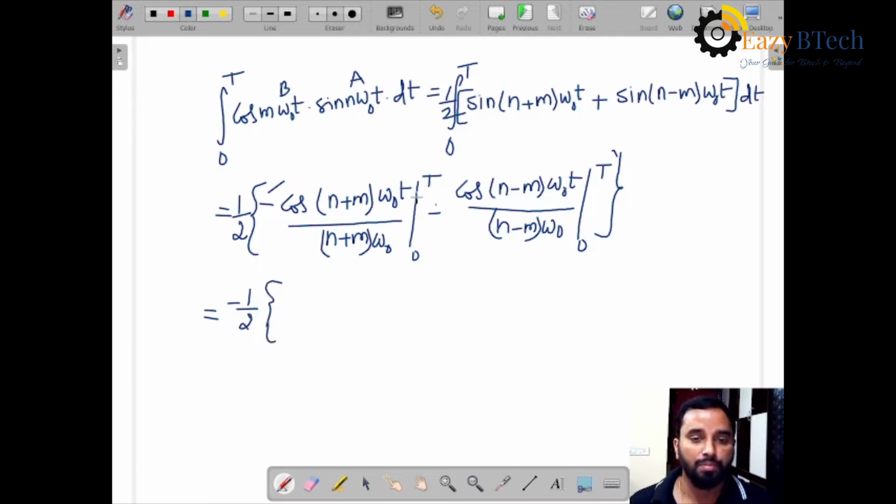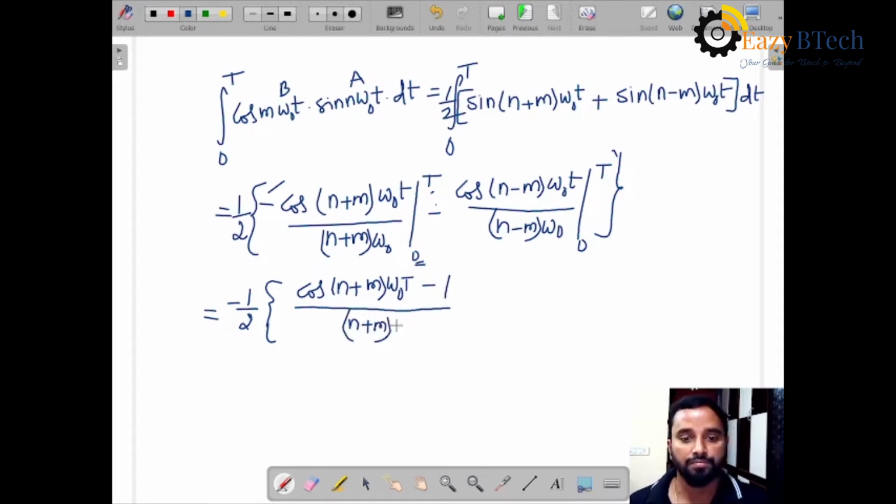Here the upper limit is capital T, so cos (n plus m) omega naught t, minus the lower limit 0, cos 0 is 1, divided by (n plus m) omega naught.